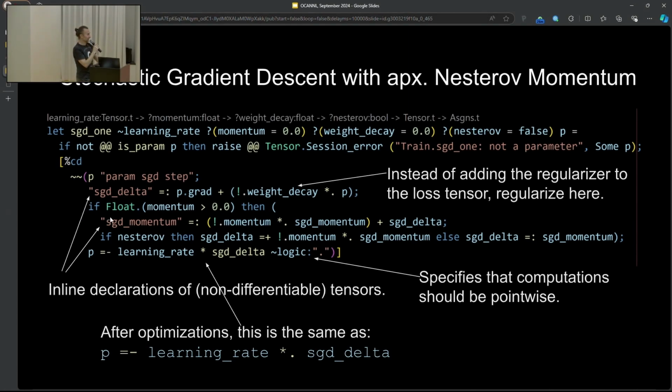And here we have inline declarations of those helper tensors for accumulating gradients, like the SGD momentum we saw in the previous slide. There is some extra notation to make sure we derive the projections in a pointwise way, make sure that this is a pointwise computation when we multiply by the learning rate.